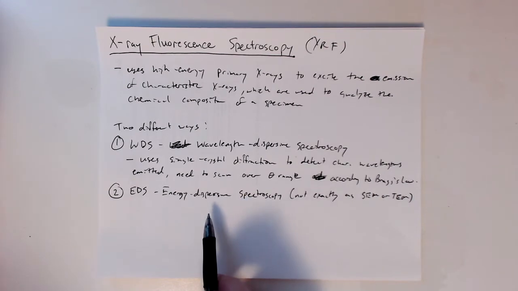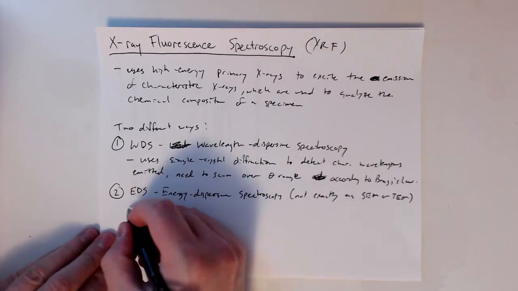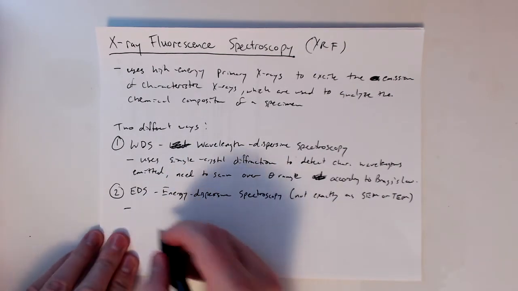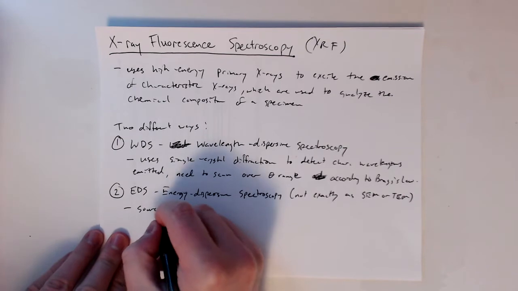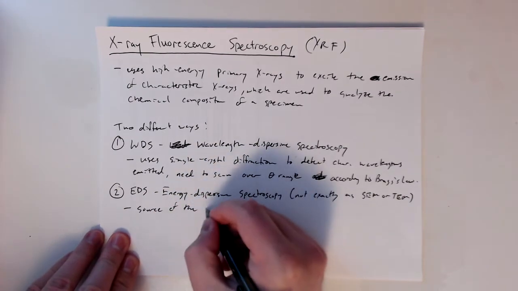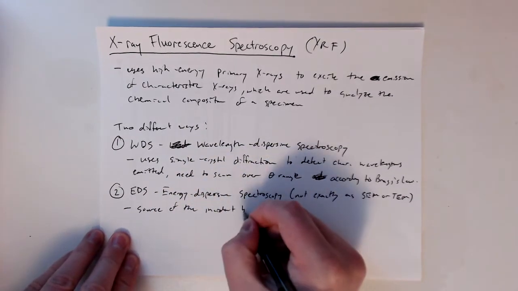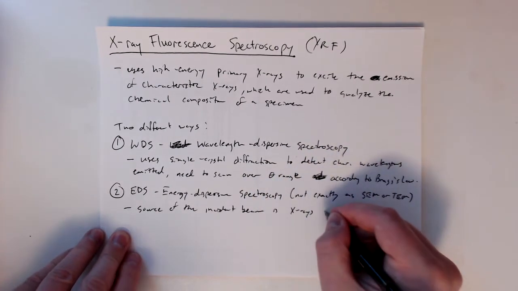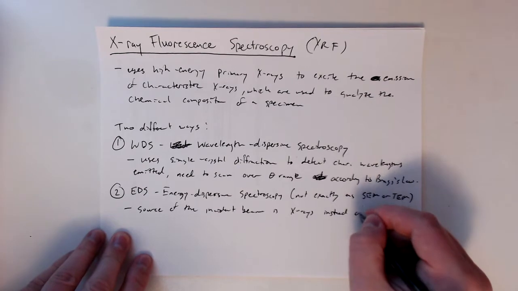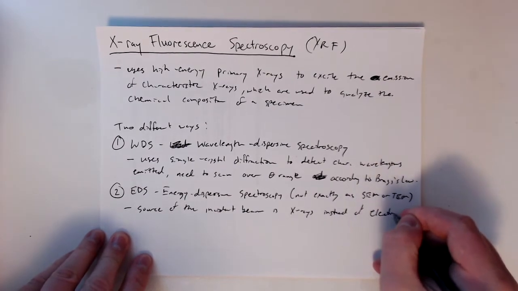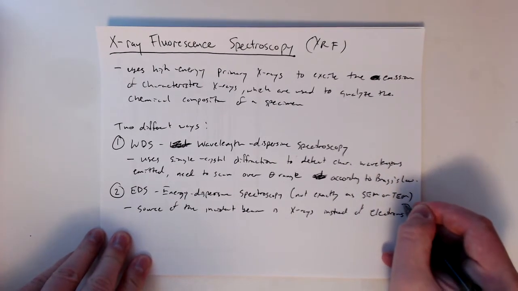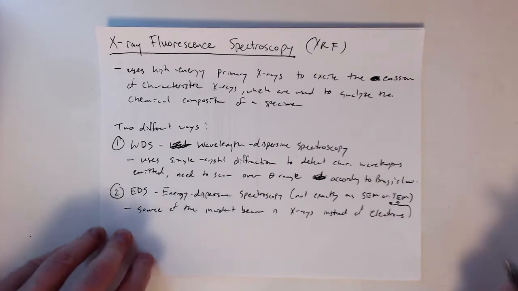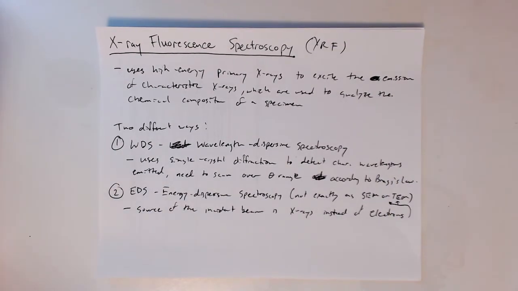But this is when we still have X-rays as our primary source. So the major principle here is the same, but the source of the incident beam is X-rays, whereas electrons are what we have for these two. So that's the important thing to mention.